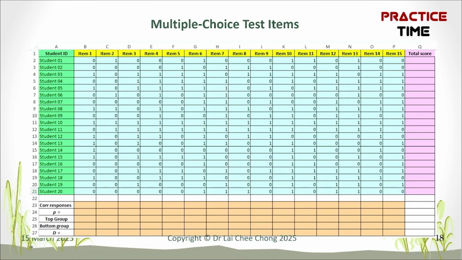What's the first one? P. I want the P value. P value is what? It's a correct responses divided by 20. Am I right? So the first P is what? The first one? Yeah. What's the answer? I just want to answer so far.